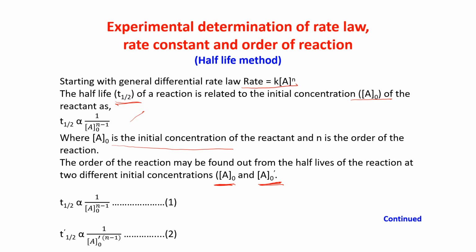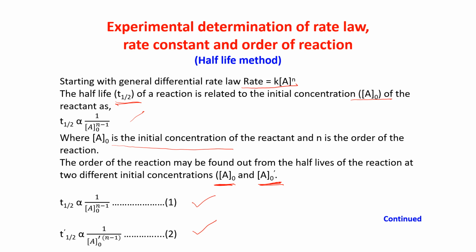So T half is proportional to 1 by A naught to the power n minus 1. This is one expression. And T half prime is proportional to 1 by A naught prime to the power n minus 1. I am getting two different equations for half-life, T half and T half prime.